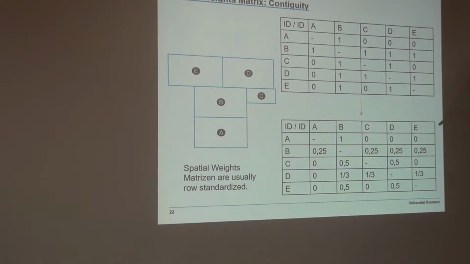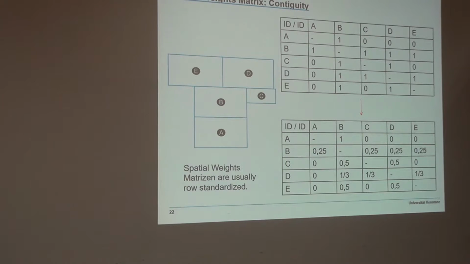And now we translate this to a spatial weights matrix. Usually these spatial weights matrices are row standardized, and this has substantial reasons, that they say, okay, the influence on one observation is fixed to 1.